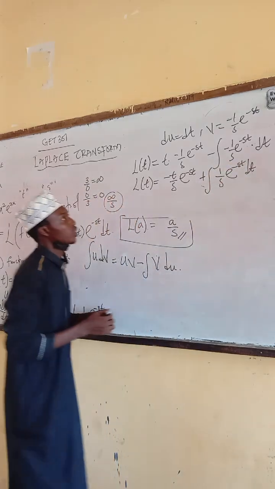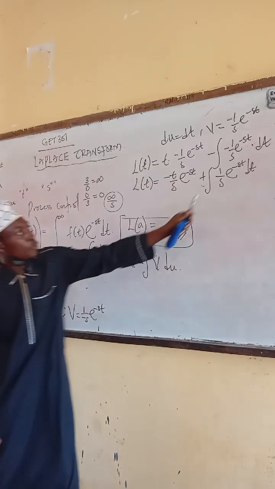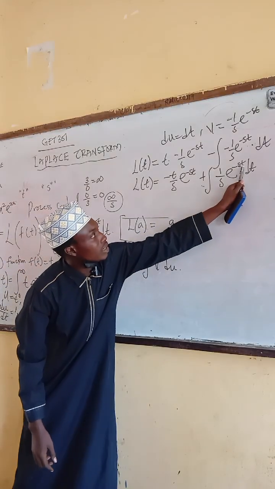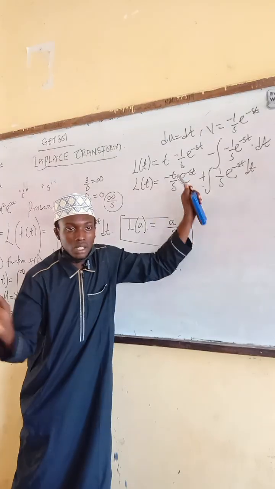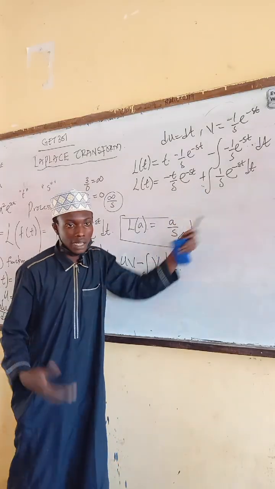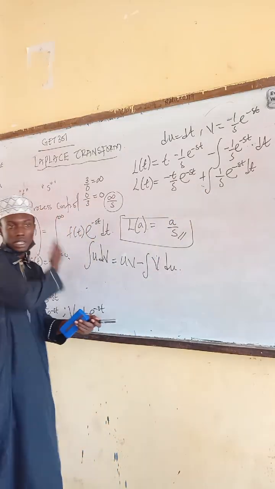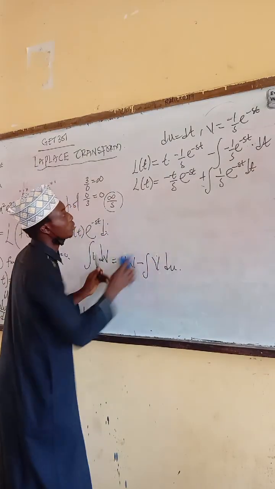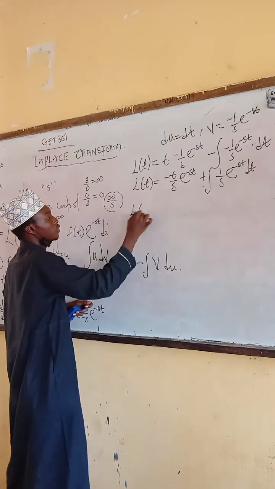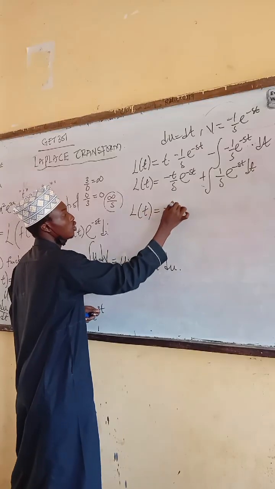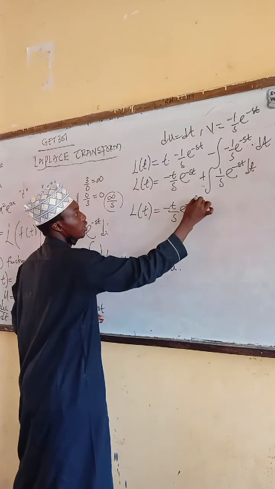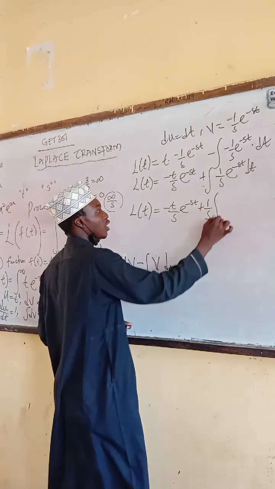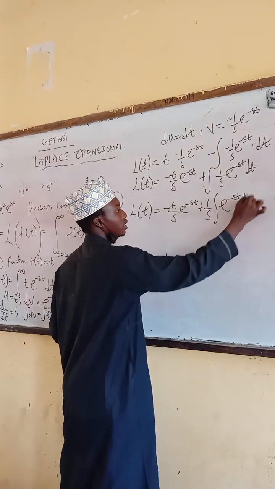Now you can see that this is simple. You are just integrating exponential minus st with respect to t only, because 1 over s does not have t, it's like a constant. You take it out. So the Laplace of t equals minus t over s exponential minus st plus 1 over s times the integral of exponential minus st dt.